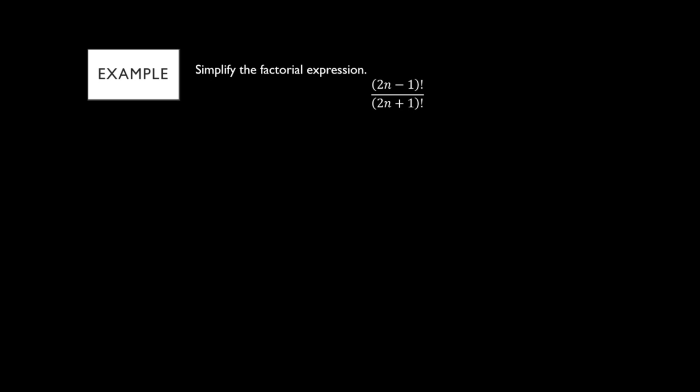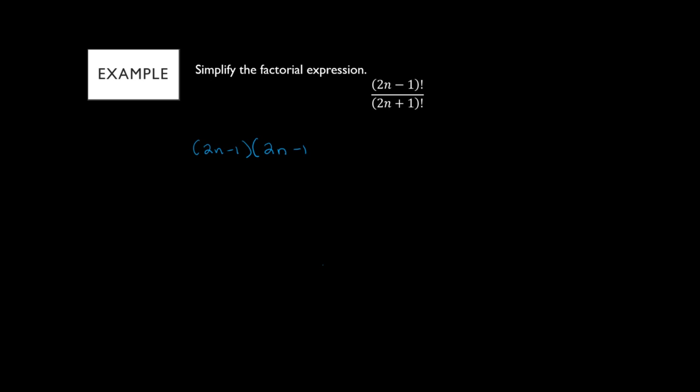So let's just try rewriting this. A factorial means you basically take what you're doing with that factorial and then you subtract 1 each time. So in the numerator, I have 2n minus 1, and then for my next term, I subtract 1 from that.